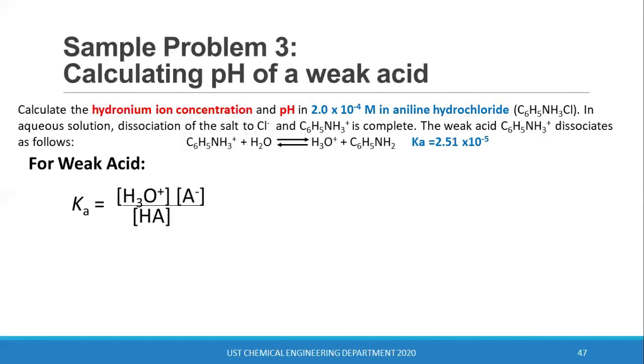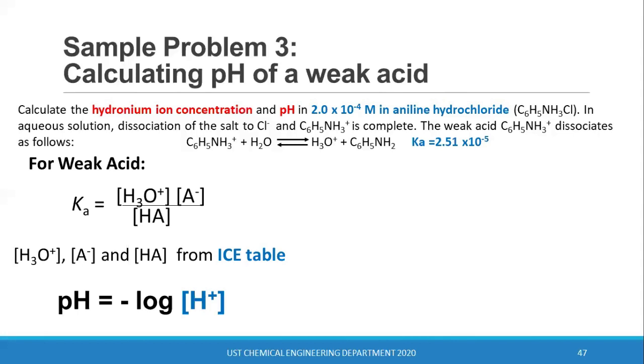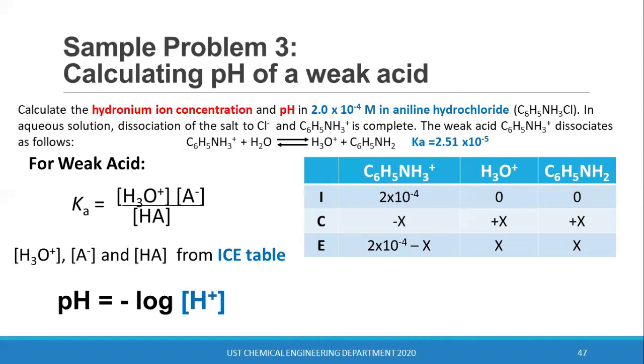Let's recall again the steps for weak acids. First is to write the expression for Ka. Next is to solve for the unknown concentration of species from the ICE table. And then lastly is to compute for the pH using the calculated hydrogen ion concentration. Now that we have enumerated again the steps, let's create the ICE table. Again, the initial, change, and equilibrium concentrations are summarized in this table.